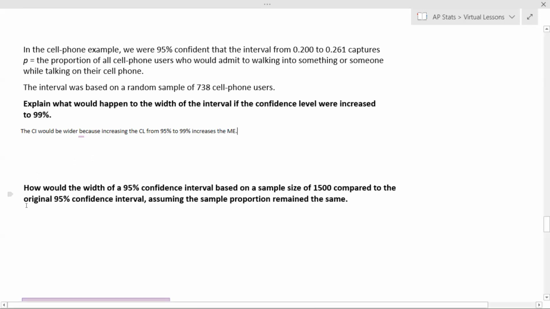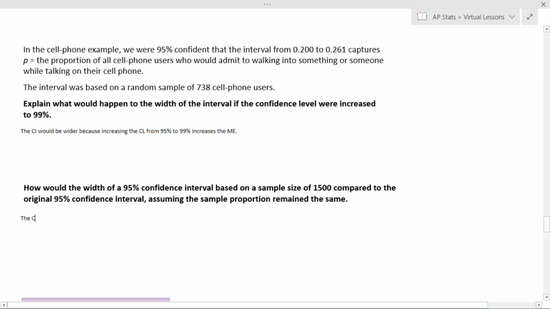Okay. How would the width of the confidence interval based on a sample of 1500 compare to the original 95% confidence interval, assuming the sample proportion remained the same? So in this case, we've increased the sample size, so the width would be narrower.